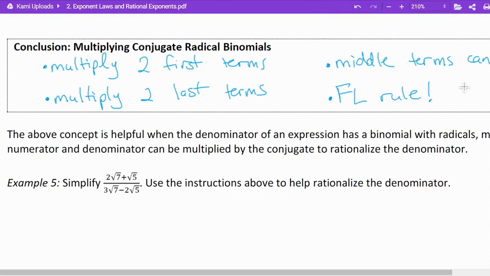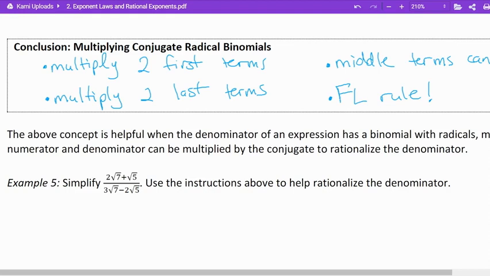Fancy math term. So what do you think we're going to do with that? We're not going to just stop at multiplying two conjugates. We're going to do something that I guess would be the most challenging step, but we're doing it step by step.